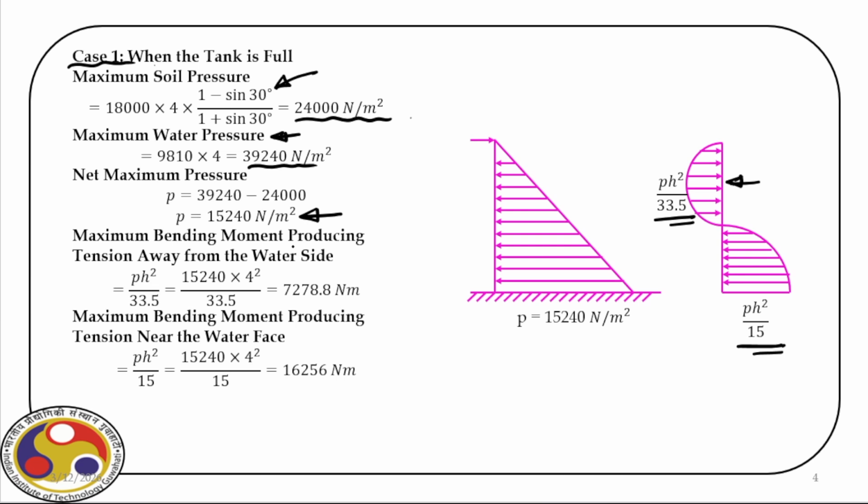So the maximum bending moment that produces tension away from the water face is pH square by 33.5, and the value is here 7278.8 Newton meter. On the other hand, the maximum bending moment producing tension near the water face, which is here, is 16,256 Newton meter.